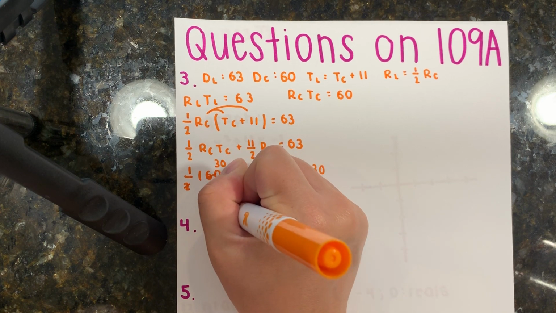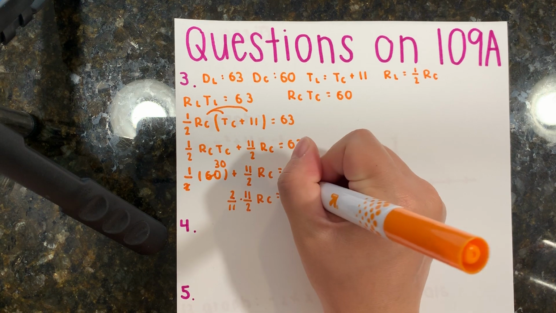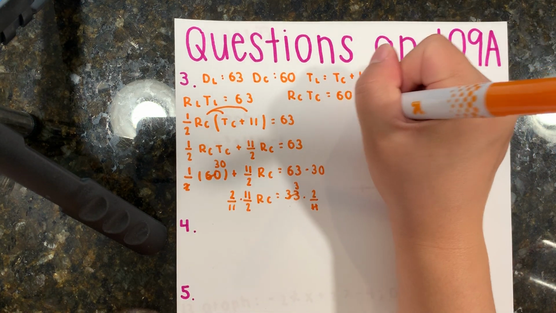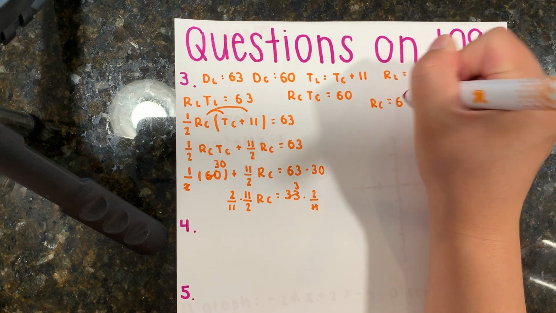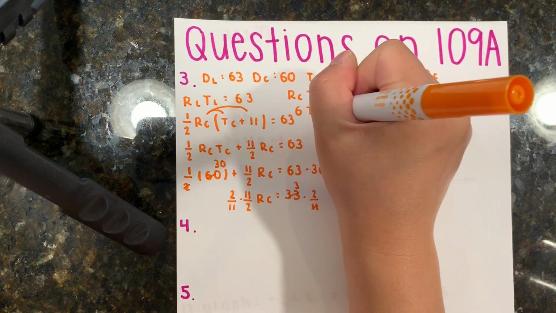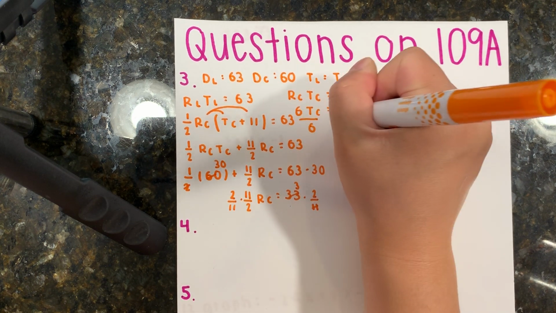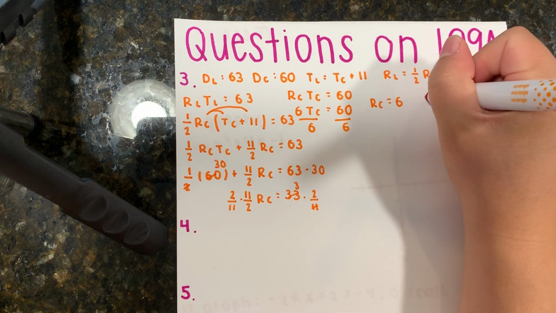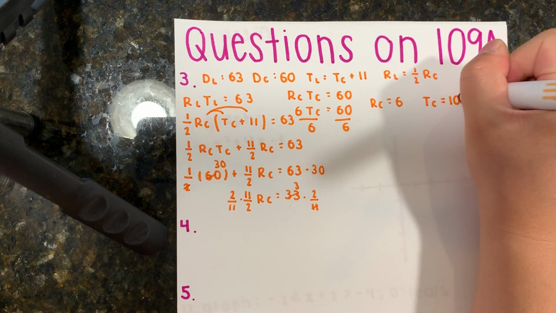And if I multiply by the reciprocal, I get RC is equal to 6. Well, if RC is equal to 6, and RC TC is equal to 60, I quickly find out that TC is equal to 10.